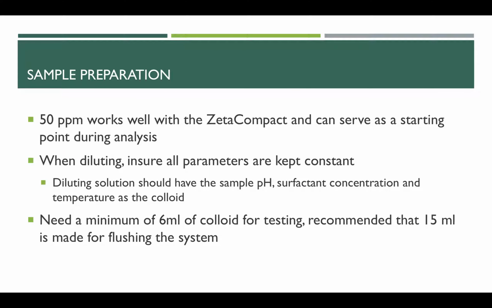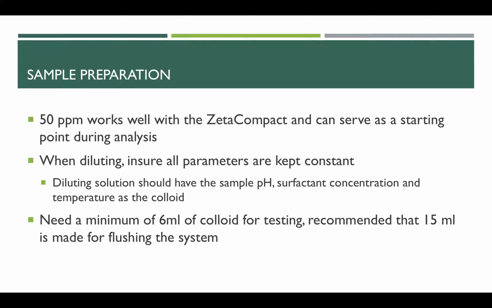When preparing samples for the ZetaCompact, there are a few key aspects to consider. Perhaps the most important is the particle concentration. If there are too many particles, it will be impossible to track their motion, but too few particles can lead to errors and even the inability to collect data at all. We suggest a concentration of 50 parts per million. If a dilution is necessary, it is important to keep all other factors constant.